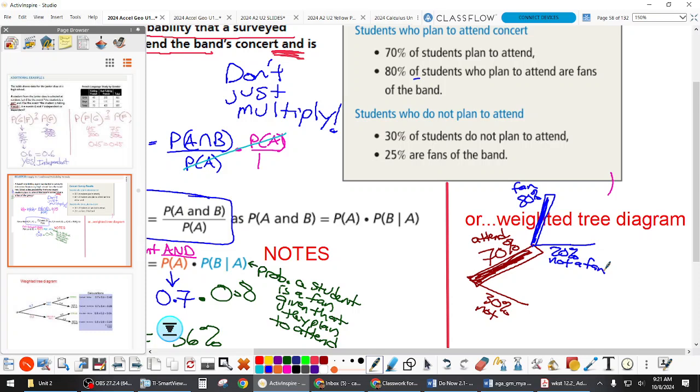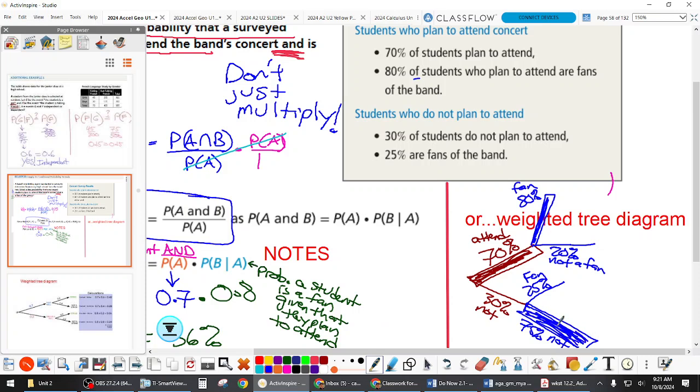And then if they're not attending, we have 25% fan and 75% not. Okay? Again, I'm just trying to give it a visual with the bigger branches, but you don't need to do it that way. Okay?